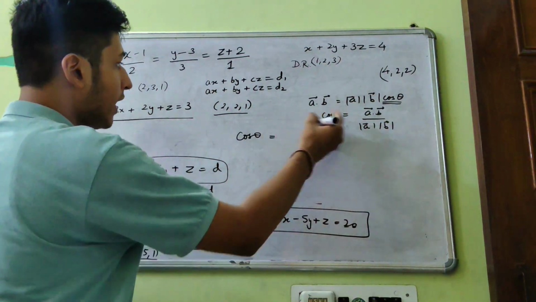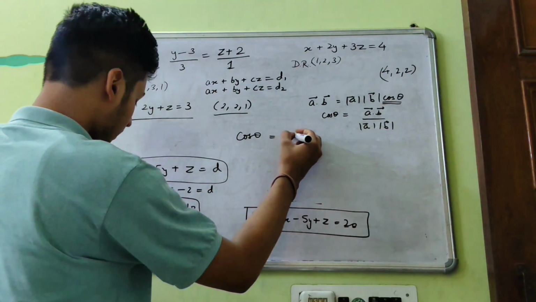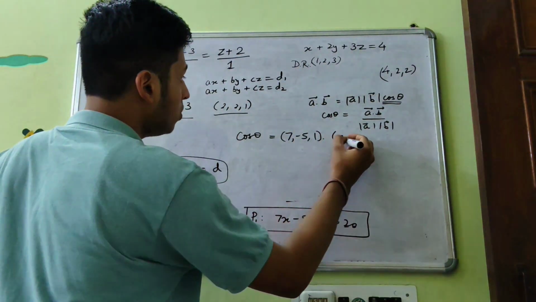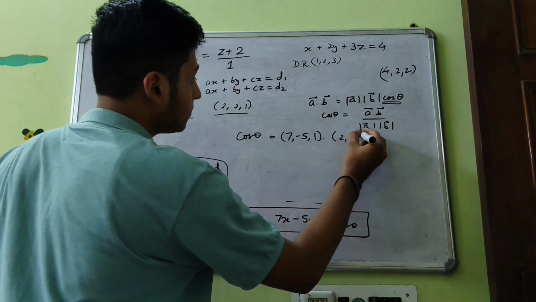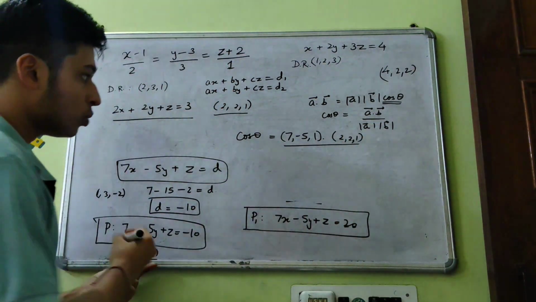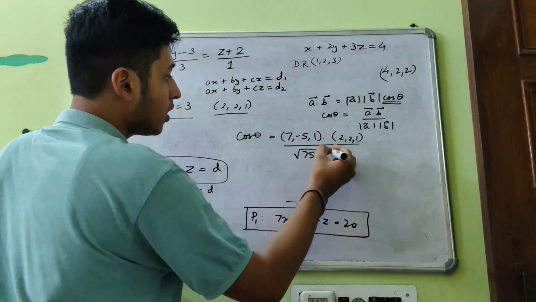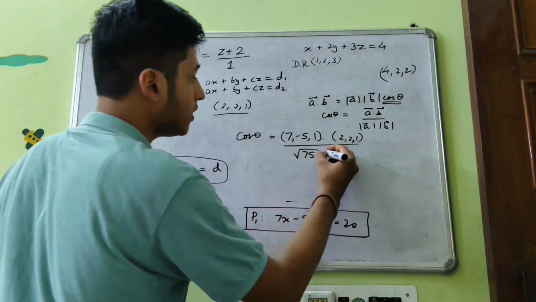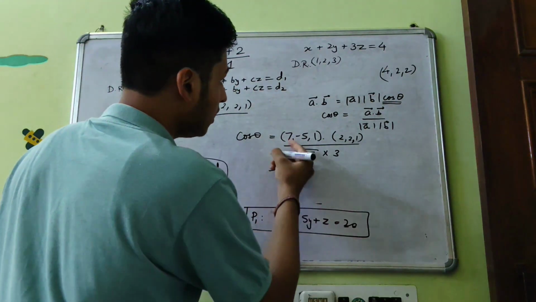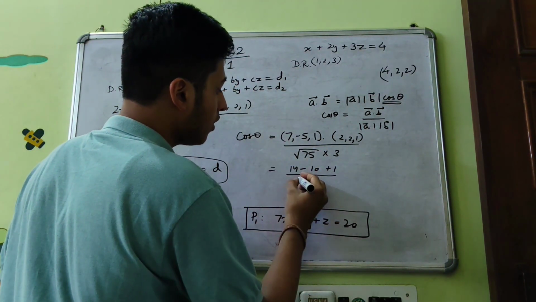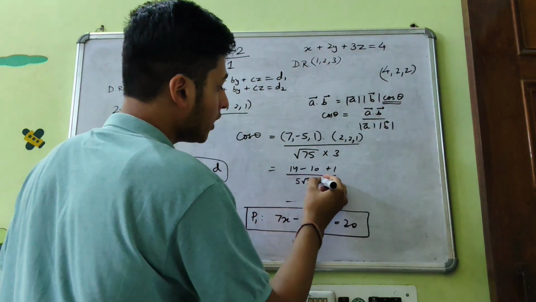Cos theta equals A dot B, 7, minus 5, 1 dot 2, 2, 1 over magnitude of this, root 75, magnitude of this, 4, 4, 1, so root 9, that is 3. This would be 7 twos are 14 minus 10 plus 1 over 5 root 3 into 3.